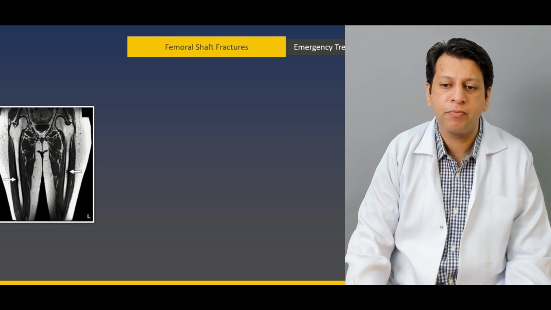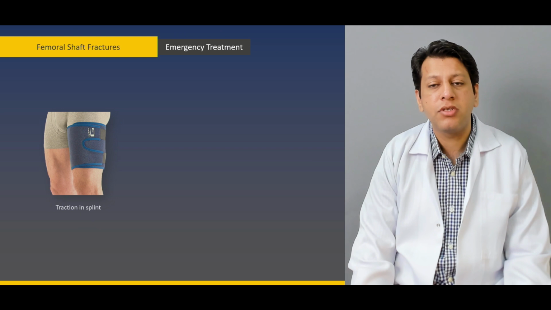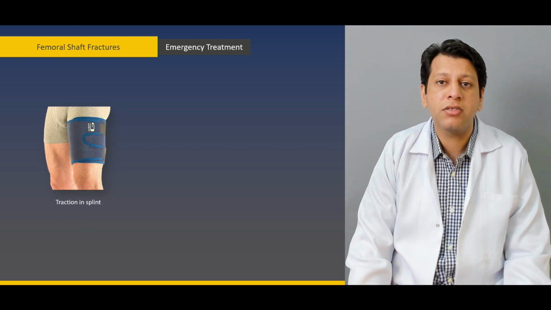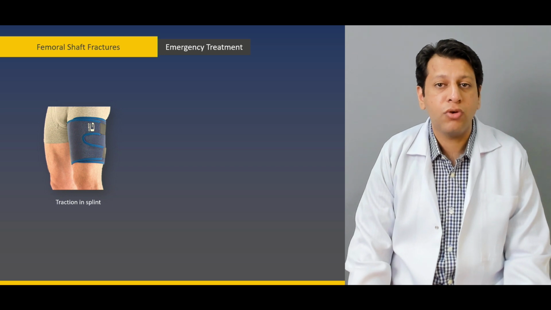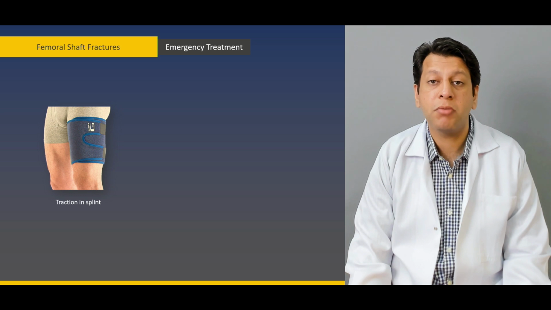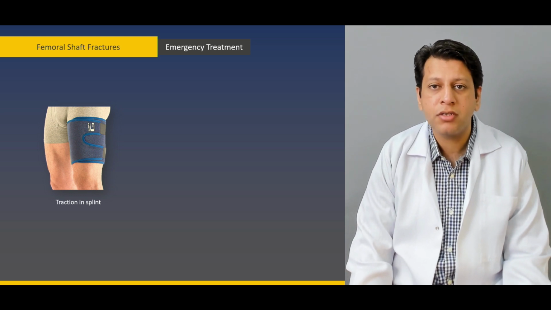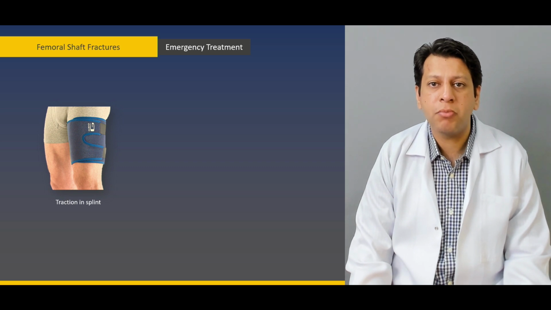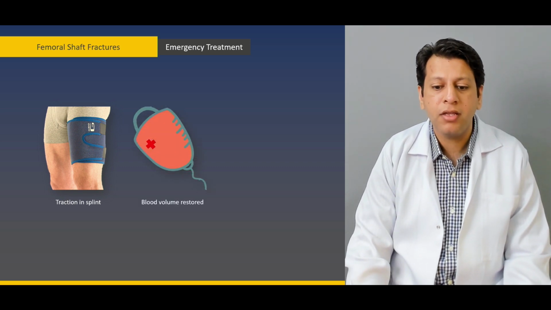Coming to the emergency treatment, what is the initial treatment? Initial treatment in all fractures is as per ATLS guidelines. You have to first look at the life-threatening injuries which may be problematic for the patient, and by that time apply traction and splint and keep the patient immobilized for the time being.